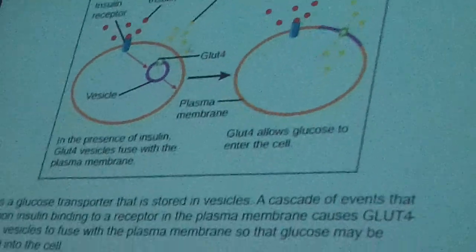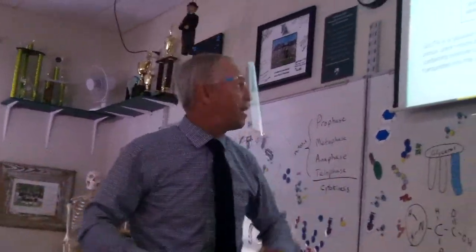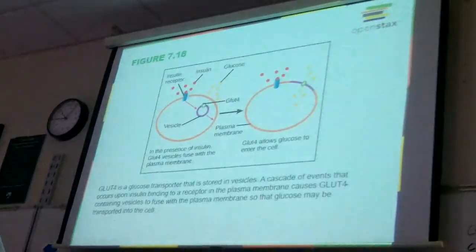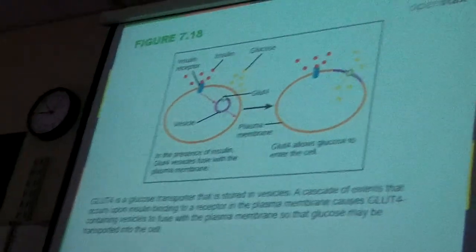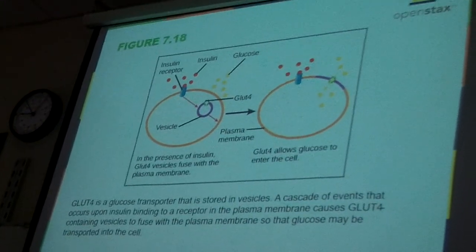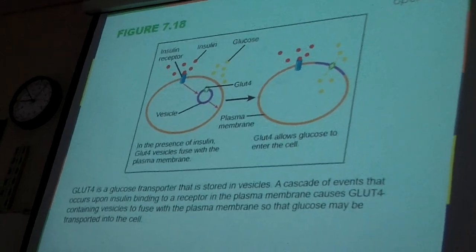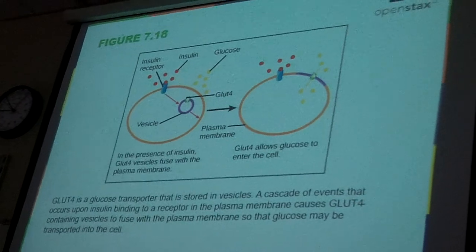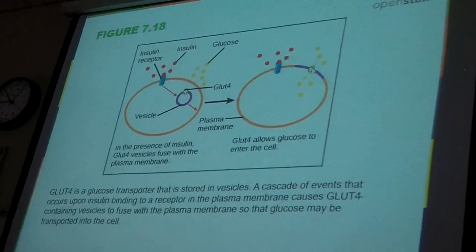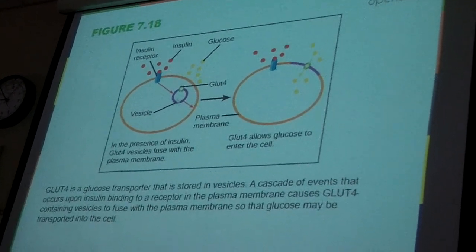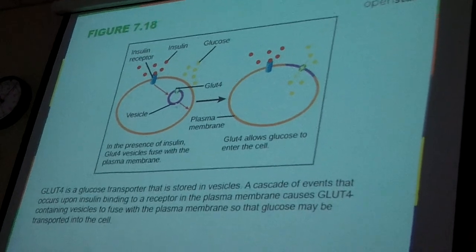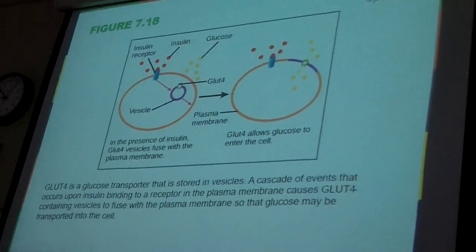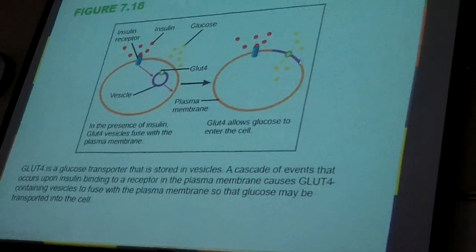So when the cell receives insulin, this vesicle fuses with the membrane. Do y'all remember exocytosis, when the vesicles fuse with the membrane? Well, that's what this thing does. And now you have this GLUT4 receptor on your membrane. You can see the purple there? That was originally the membrane of the vesicle, and now it's part of the cell's membrane.